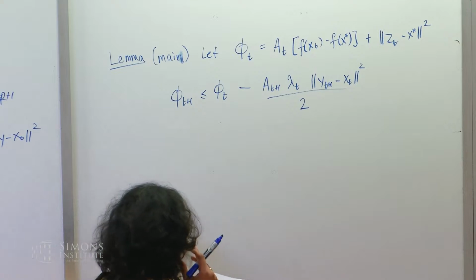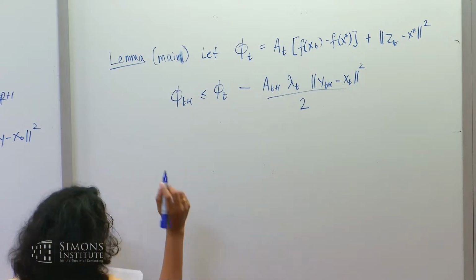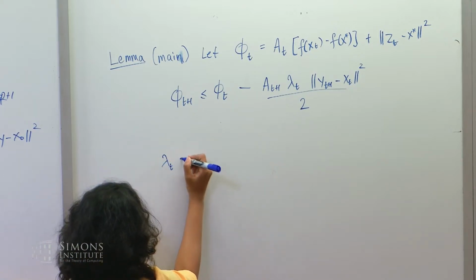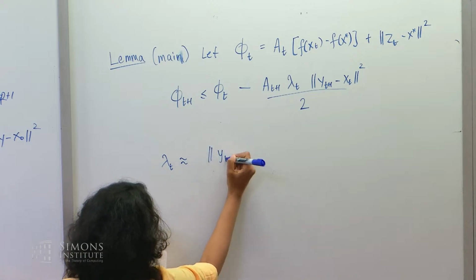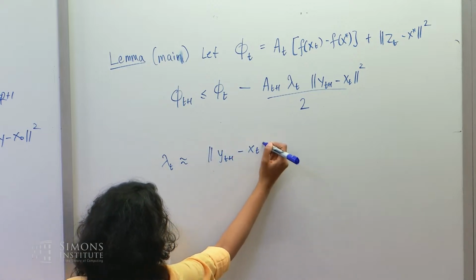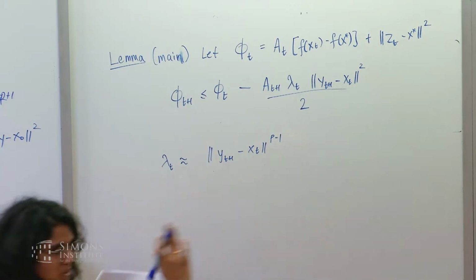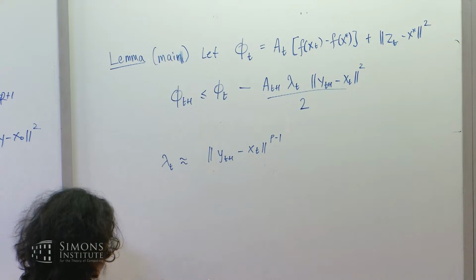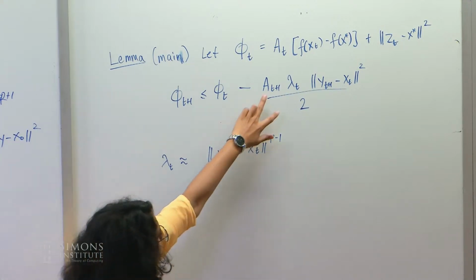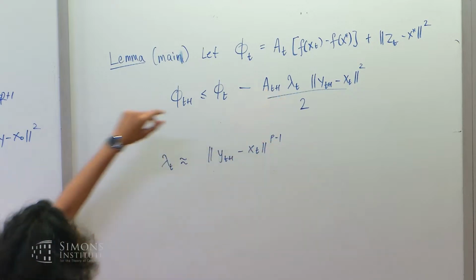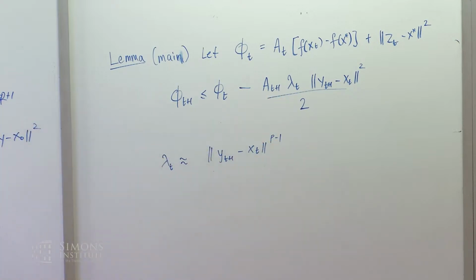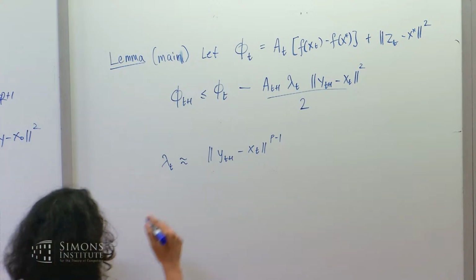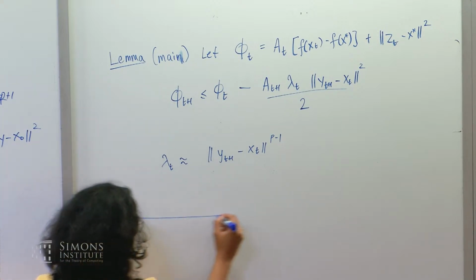We will still think of lambda t to be just this, we'll just assume it. If you look at this, A_t is basically an increasing function. All these a's are positive, so you can look at this partition.